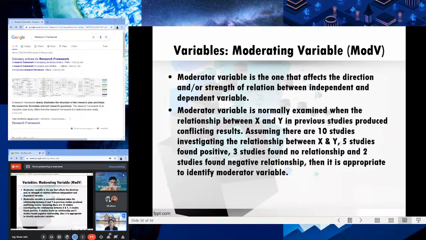If we have very complex problems you want to solve and analyze, in some cases we need moderating variables. It depends on your study, your scope, and your direction.